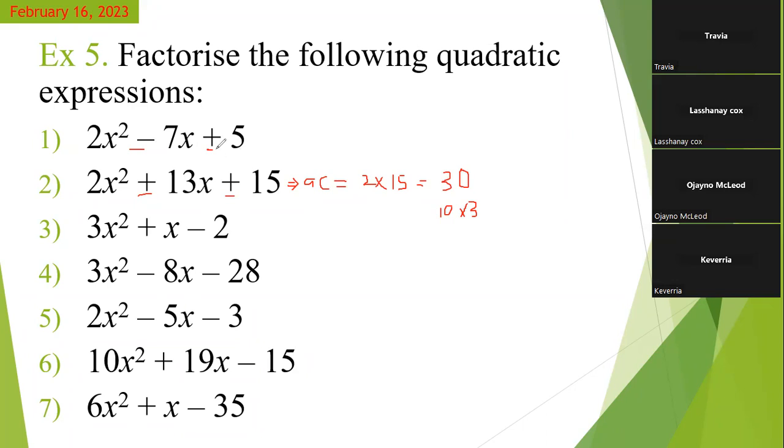To determine which, we look at the sign of the middle term. If the sign of the middle term is negative, it means that the two factors you're looking for will be both negative. If the sign of the middle term is positive, the two factors will be both positive. So first you check the last term. That tells you whether you're going to have two positive or two negative. Then you check the middle term, the sign it ought to be.